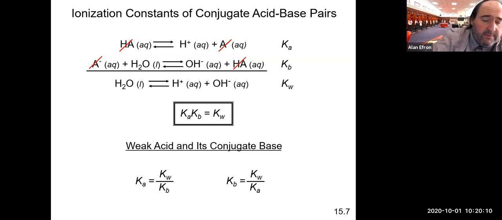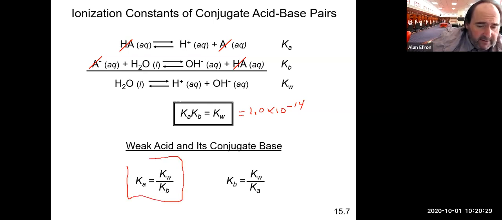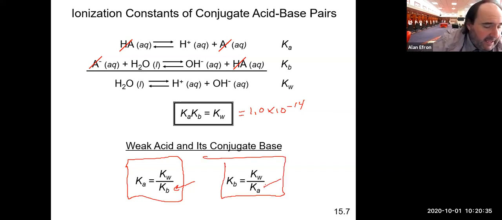And that is our number that we saw earlier in this chapter, which in most cases is 1 times 10 to the minus 14. So when we add these together, we get our Ka times our Kb equals Kw, allowing us to find the Ka value if we know the Kb value, and the Kb value if we know the Ka value.